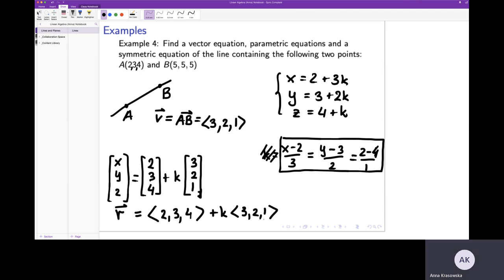Sometimes we will write the equation of the line in that form, or even (2 plus 3k, 3 plus 2k, 4 plus k). Okay, that's the end of this video.